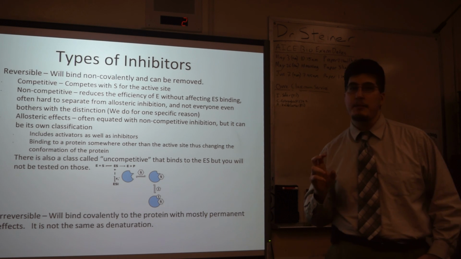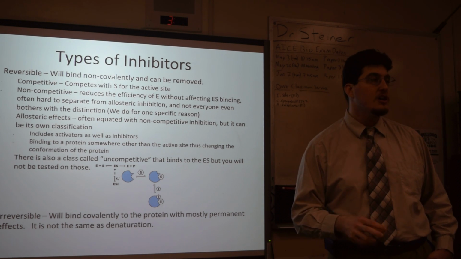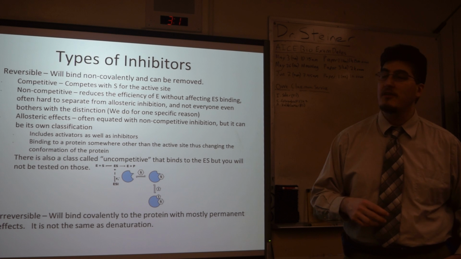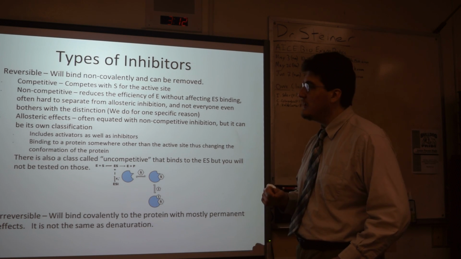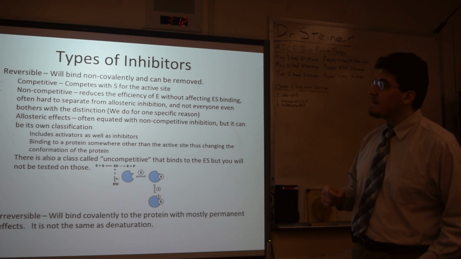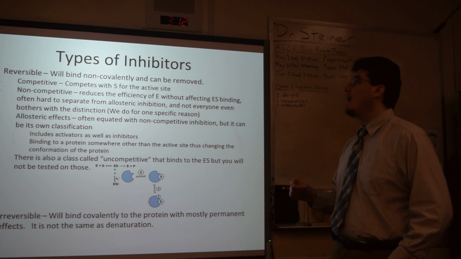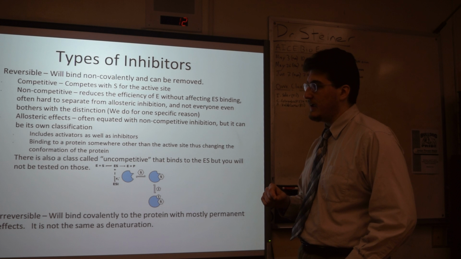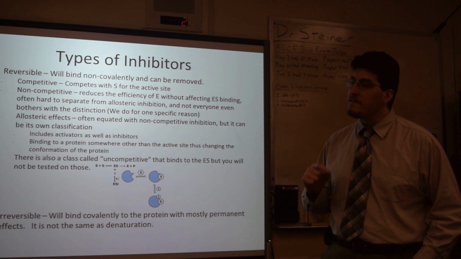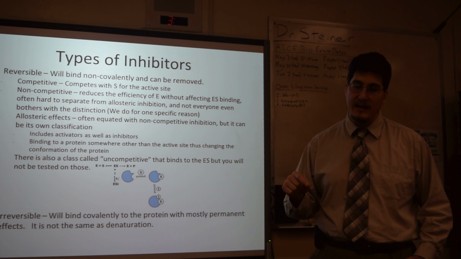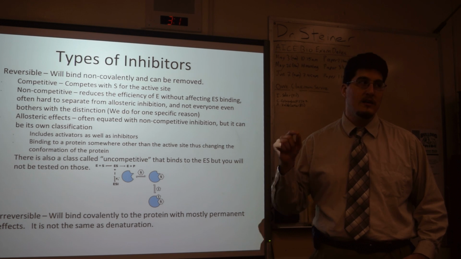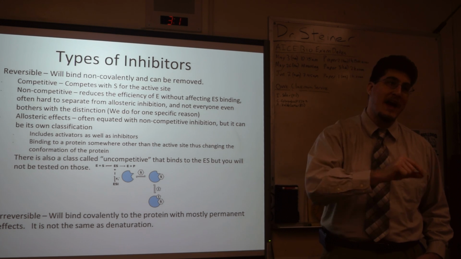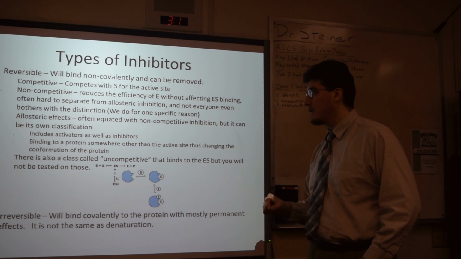Or if they give you non-competitive inhibition, you must say that it is non-competitive. A non-competitive inhibition reduces the efficiency of an enzyme without affecting the enzyme-substrate binding. So it does not affect the active site and the substrate's ability to bind to that active site.